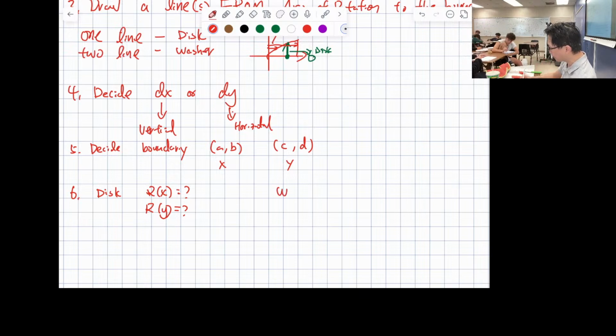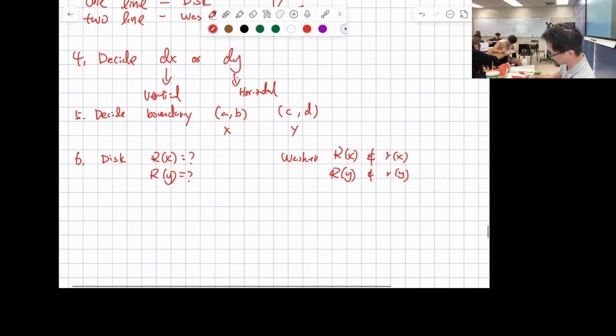If it's a washer, then you have to decide what is r of x and r of x, or r of y and r of y. So you have to decide 2 things if it's a washer. So a washer is slightly harder because you have to find out 2 different functions. But they are based on the drawing. So if you base it on the drawing, it'll be good.